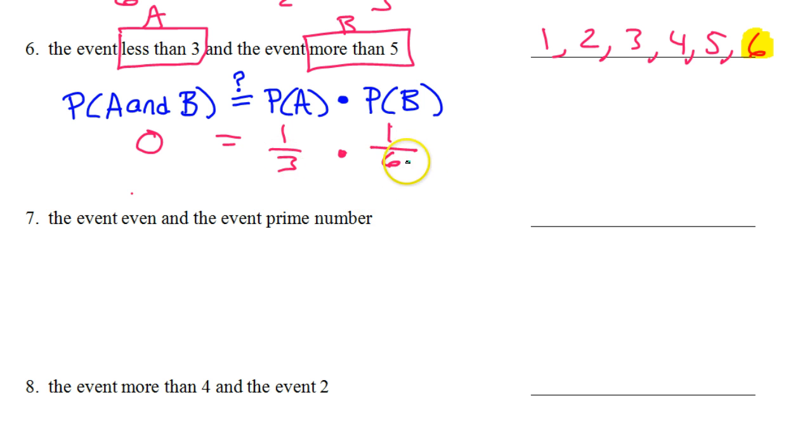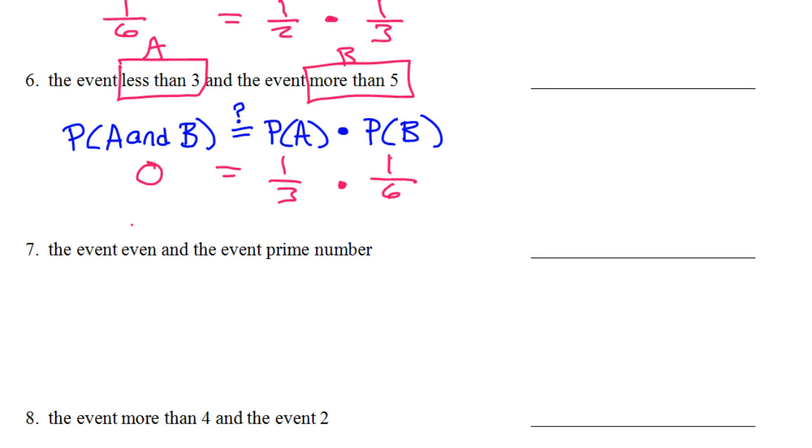Of course, these are not going to multiply together and give us 0. 1/3 times 1/6, in fact, would be 1/18. So it's certainly not 0. So this equation is not true. So these events are not independent, they are dependent.